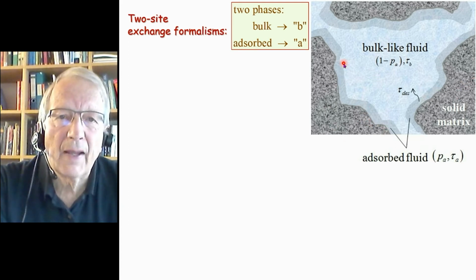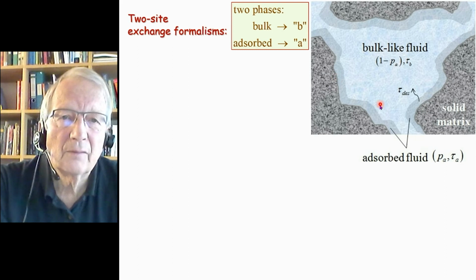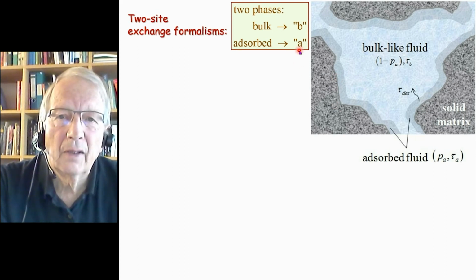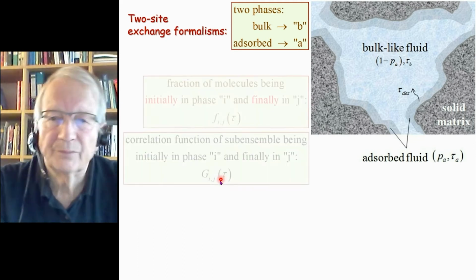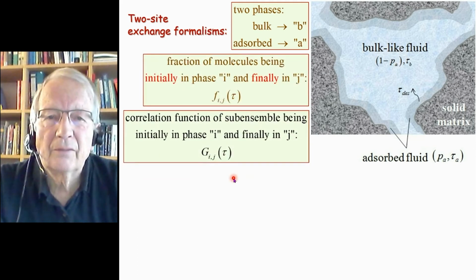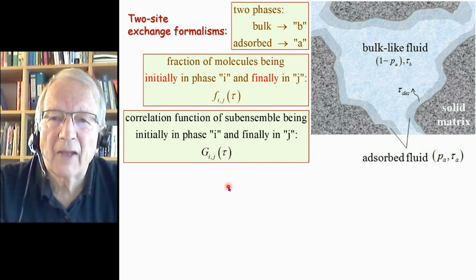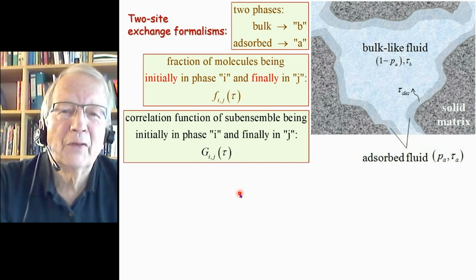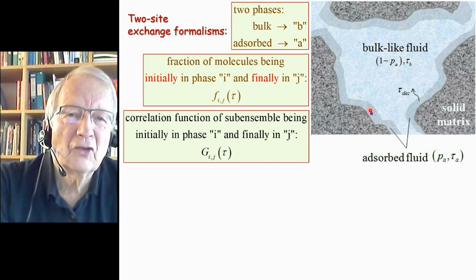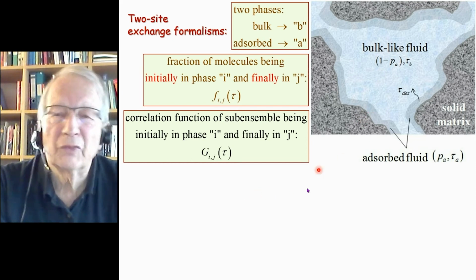We have an adsorbate phase characterized by the index A, and we have a bulk-like fluid. And so we can distinguish different fractions of molecules with respect to their initial position and the final position.